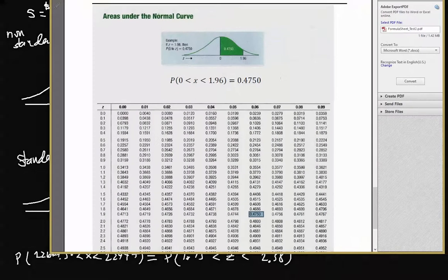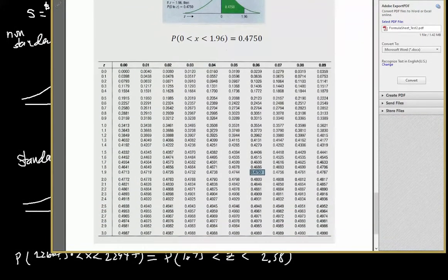So we're going to bring the table in, look for 2.38. 2.3 is there, and 0.08 is here. So 2.38 is right there. 2.38 is 49.13% or 0.4913.